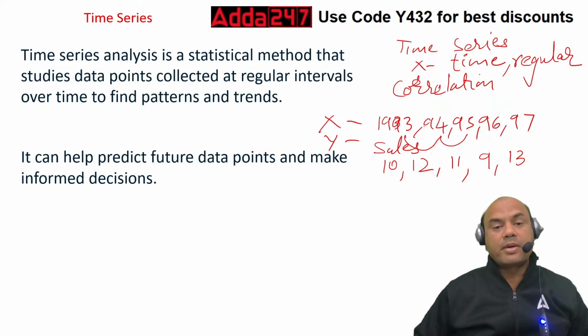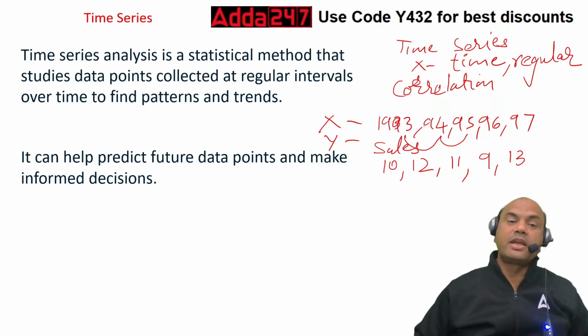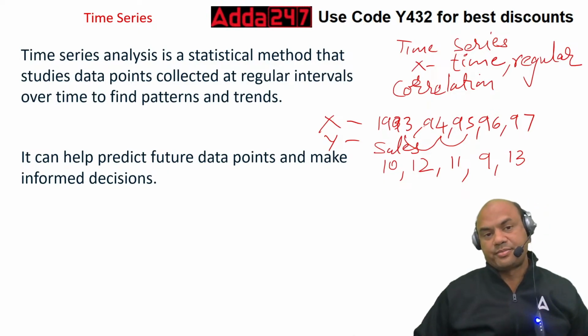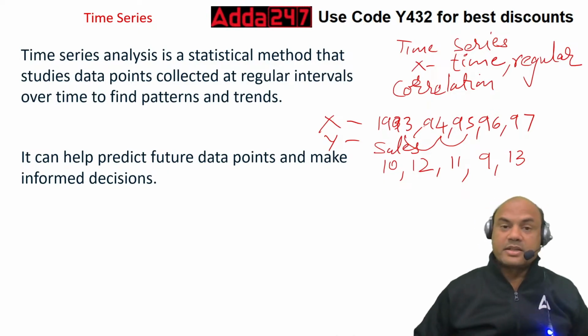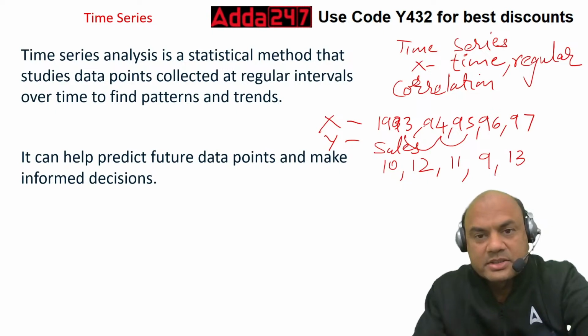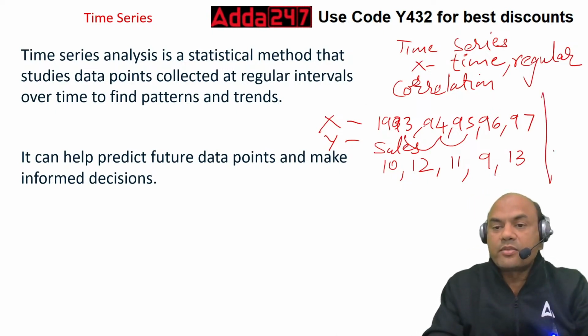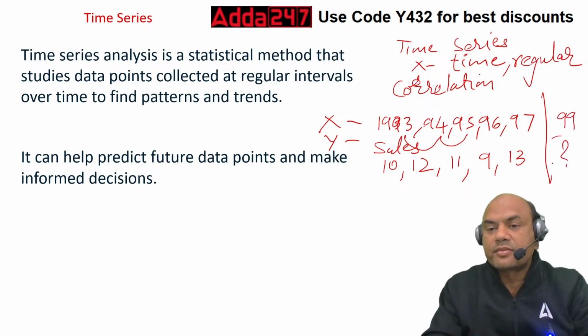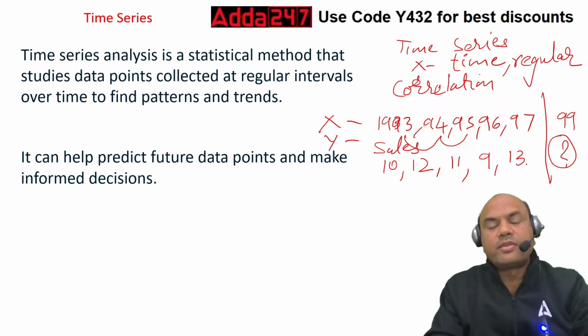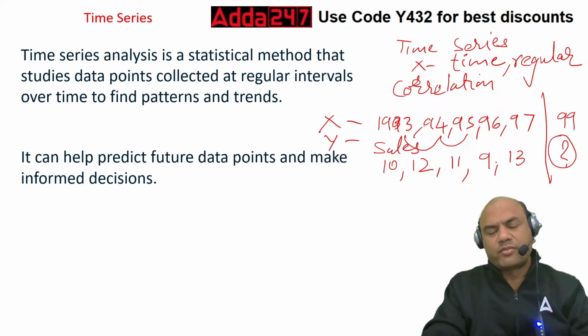It can help predict future data points and make informed decisions. Means I can see here, if I know these graphs, if I know these years over here, then I can definitely predict roughly for 1999 what the answer is. From this I can definitely predict something or the other, some way.